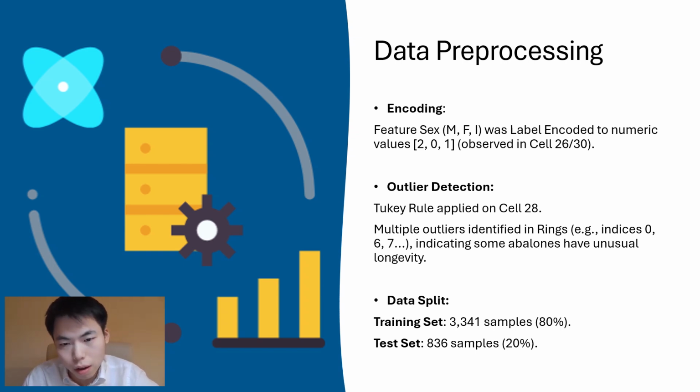The features length, diameter, and weight are very similar, so the colors are very dark. This means they are telling the same story. In statistics, we call this multicollinearity. And finally, I split the data 80% for training and 20% for testing.